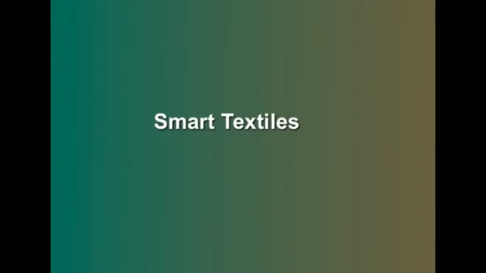Let us understand about smart textiles. Smart textiles are materials and structures that sense and react to environmental conditions or stimuli, such as those from mechanical, thermal, chemical, electrical, magnetic or other sources. They are systems composed of different apparatus and materials such as sensors, actuators, and electronic devices together.